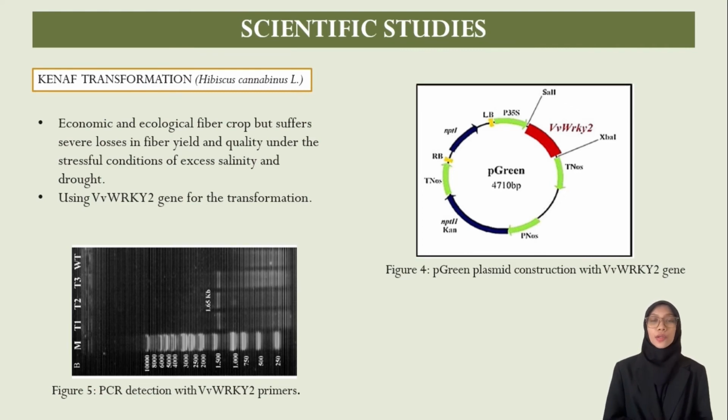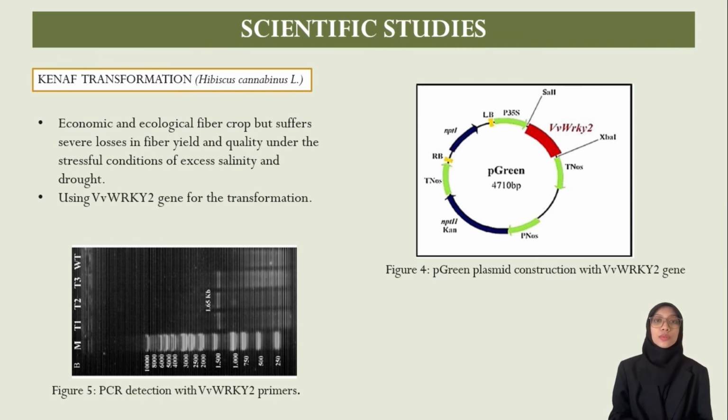Cotton is an economic and ecological fiber crop but suffers severe losses in fiber yield and quality under the stressful conditions of excess salinity and drought. Therefore, in order to obtain new cultivars of cotton that could face and overcome abiotic stress, it is crucial to have a suitable protocol of genetic transformation.